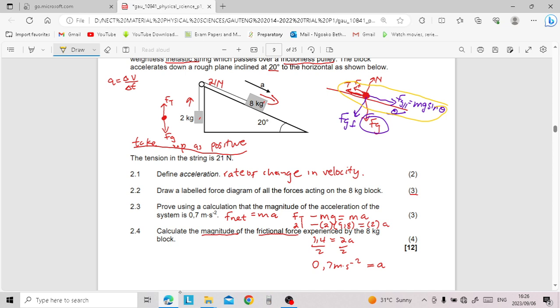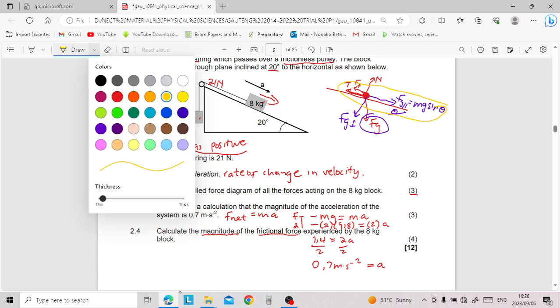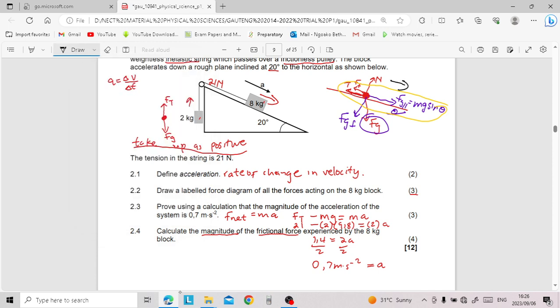So the sign convention: because the object moves downwards, here downwards we are going to take down as positive. So downwards will be positive, then everything that is going up the incline is negative. So that's all. F net equals ma.